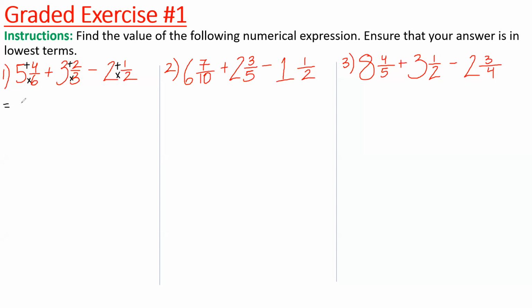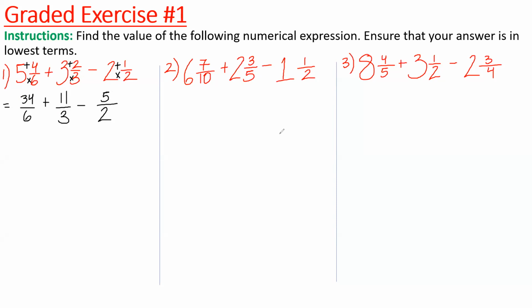For the second one, 3 times 3 is 9, plus 2 is 11 over 3. For the third one, 2 times 2 is 4, plus 1 is 5 over 2. Very good.